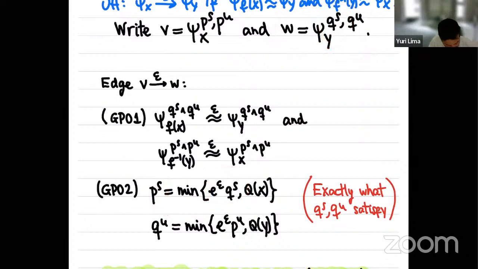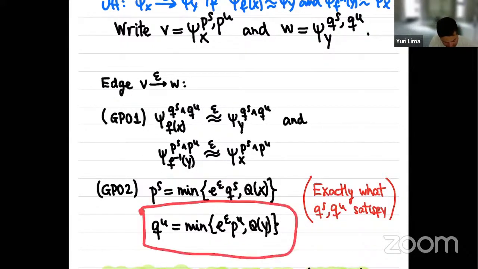So this gives a recursion between the QS and PS in order to guarantee that the stable graph transform is properly defined whenever you have an edge. And the same condition holds here for this equality that guarantees that the unstable graph transform is well defined.